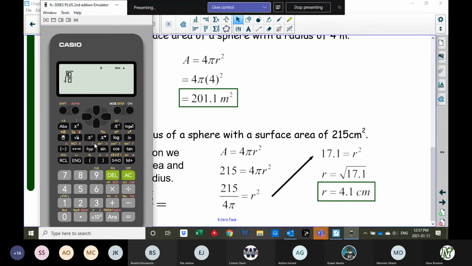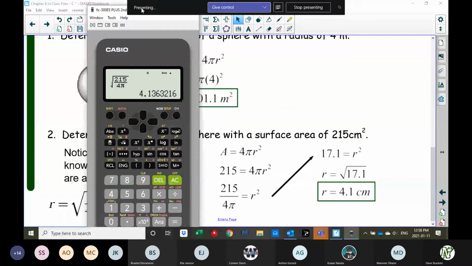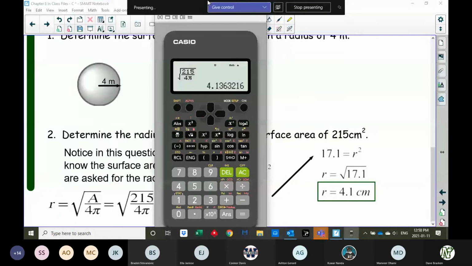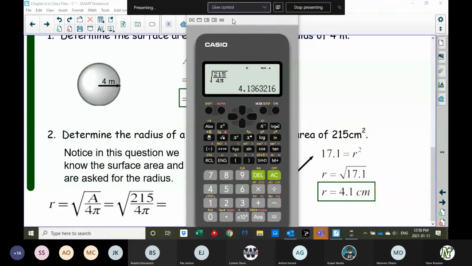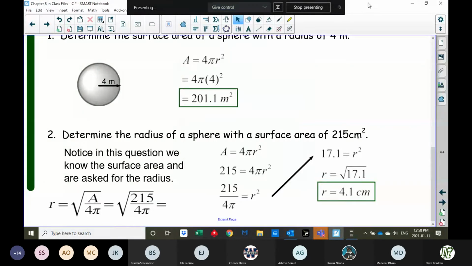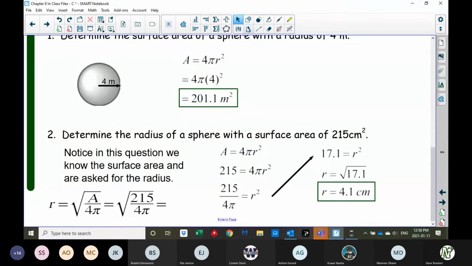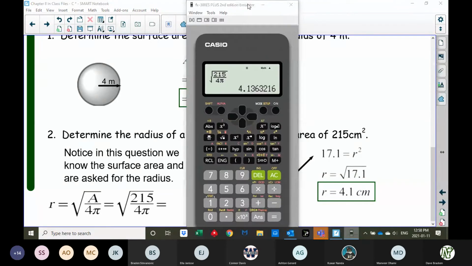Square root, open this up, 215, all divided by 4 shift pi, and we get 4.13. Do you see how we get the exact same answer, 4.1? So this one, 4.13 or 4.1. Either way would have worked, okay?